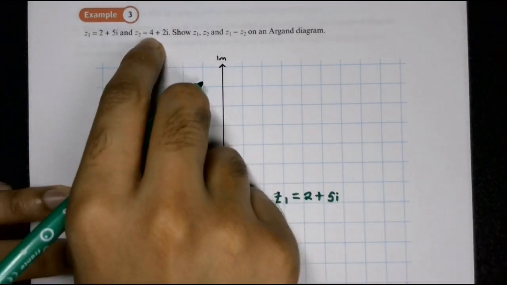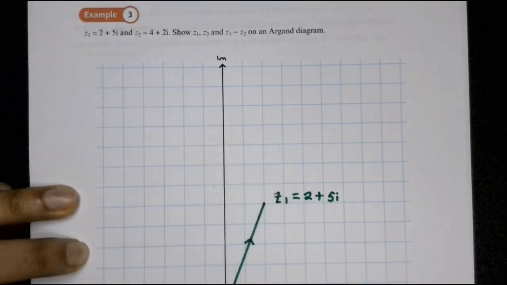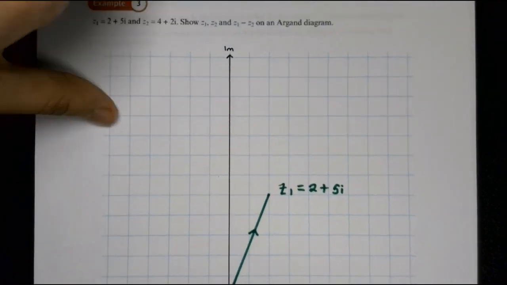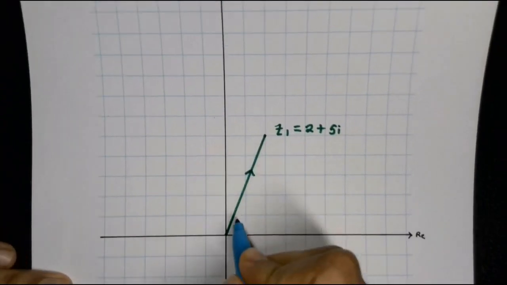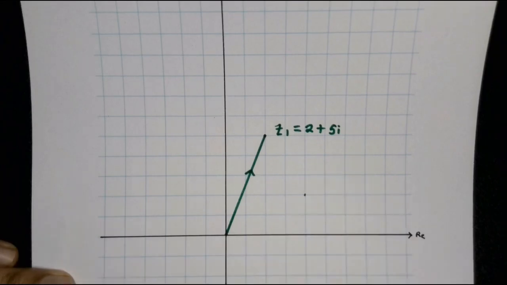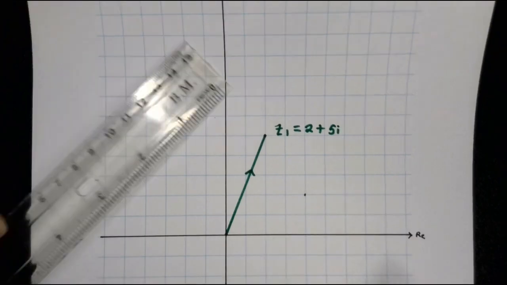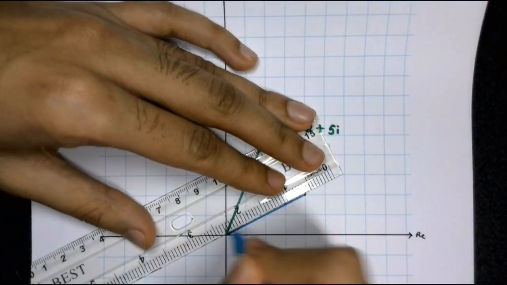z2, that's 4 across and 2 up. So if we were to show this on an Argand diagram, we go 4 across the real axis, 2 up the imaginary axis. Here we have z2.